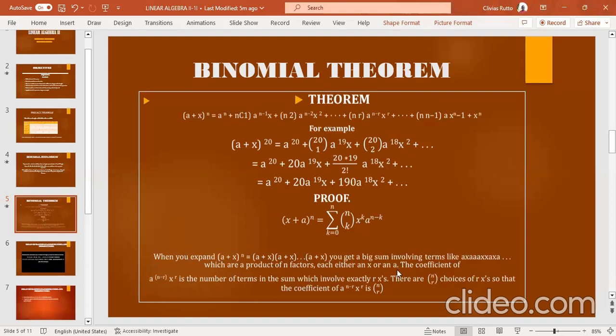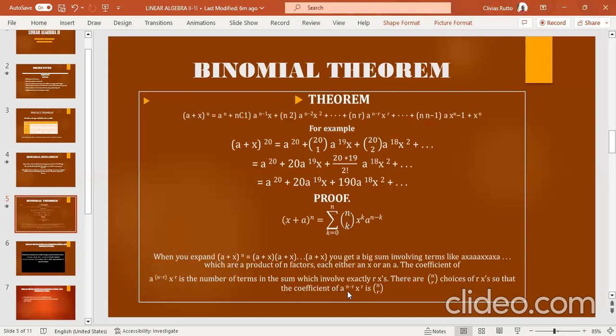Yes, we are following. So we will see A plus X times A plus X all the way to the nth factor. A to the n minus r X power r: the number of terms in the sum which involve exactly r X's is given by the combination n k.